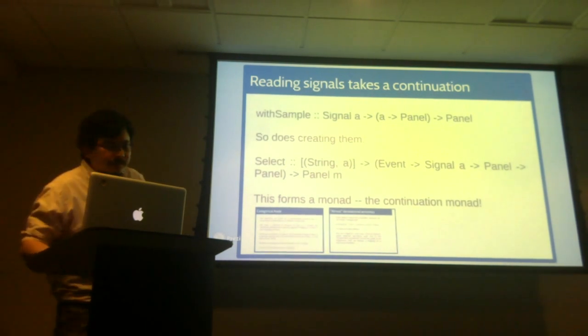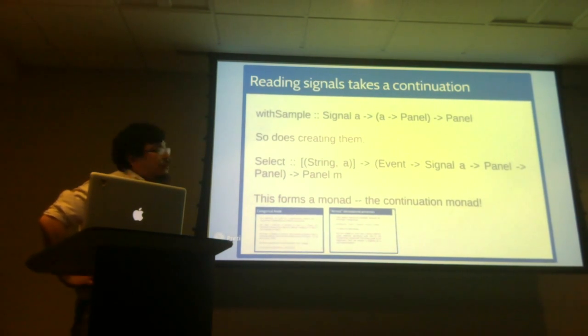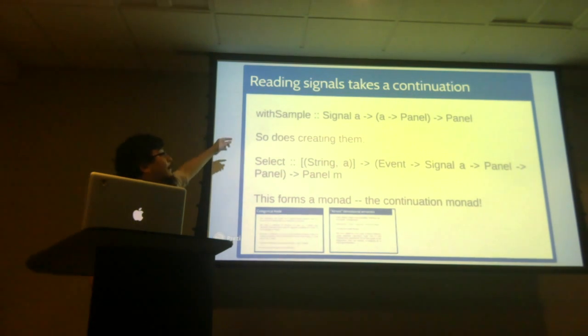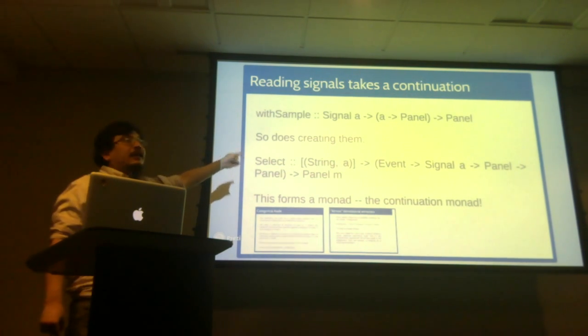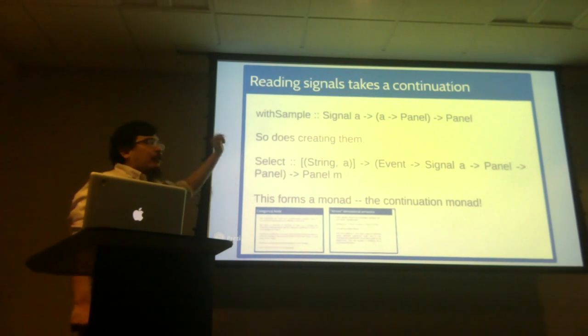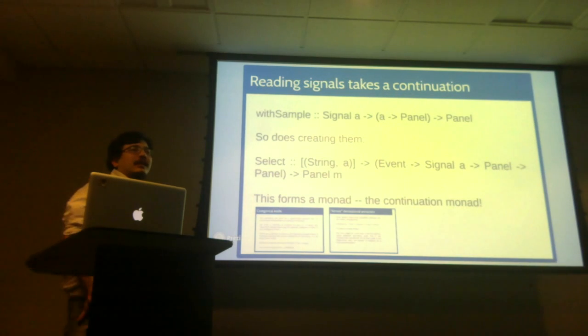So with sample doesn't take an event. Is that just going to be called once? It gets called whenever it needs to be by the on event. I didn't put the on event call here, which is just event arrow panel arrow panel. Where do you get an event from?